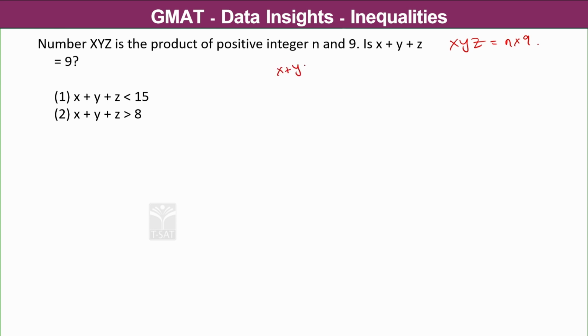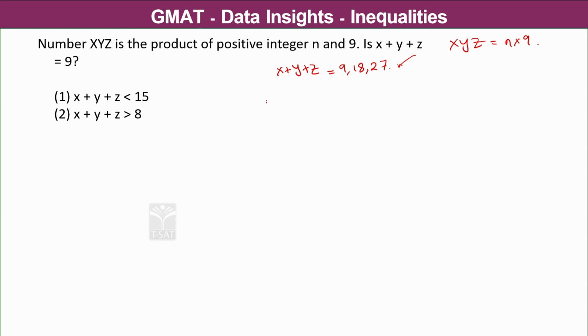So, x plus y plus z will have to be a multiple of 9. It can either be 9, it can be 18 or it can be 27. 27 is possible when all three digits are 9. So, 9 plus 9 plus 9 will be equal to 27, but it cannot be more than that, that is the maximum value. So, hence it is one of these 3 values which will make xyz a multiple of 9.